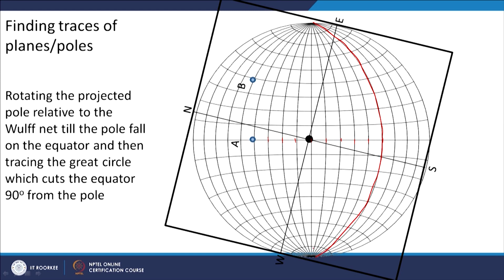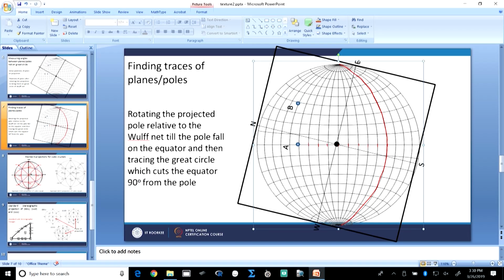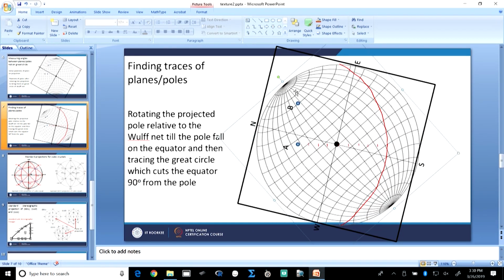And then next I will bring the pole B. So, next I am bringing the pole B by doing further rotation here. Sorry.